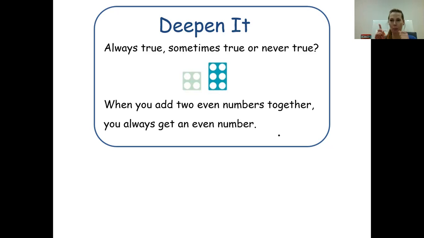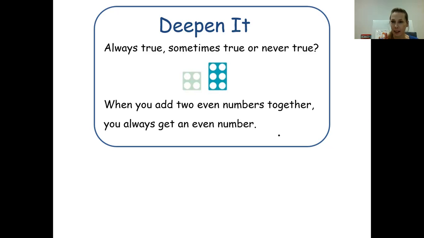6 number sentences. Remember, both of the numbers have to be even that you're adding together. So we don't want any 1s or 3s or 5s in there, okay? And then you're looking at, when you've added them together, is the answer an even number? Okay, so when you add 4 and 6, what's the total? How much have you got all together? Is it even?